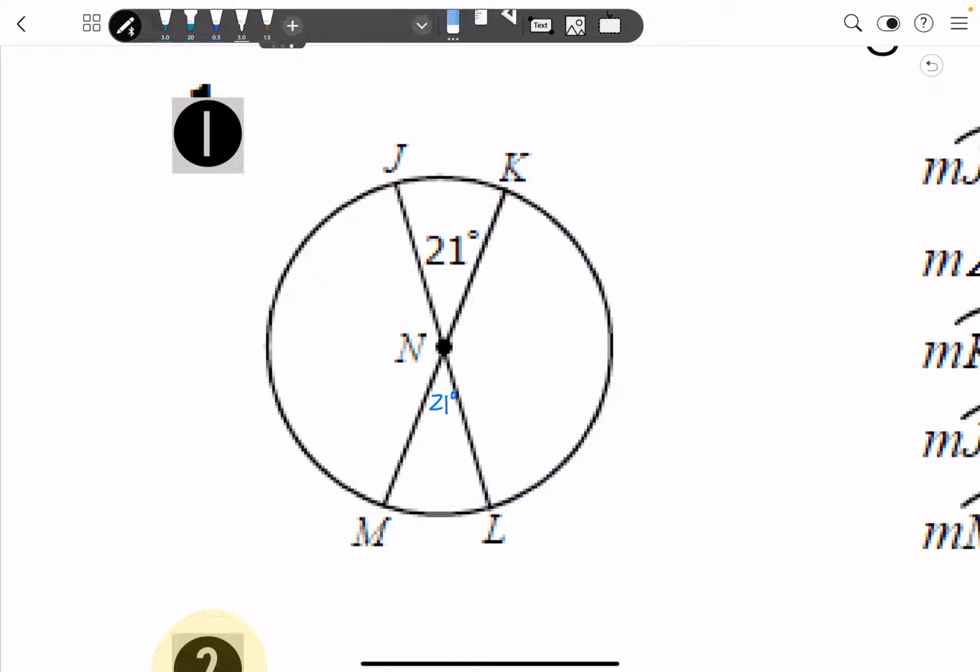It's half of it. So this one is going to be whatever 180 minus 21 is, and that gets you 159 degrees. The same thing is happening for angle JNM, and it's also a vertical angle, which means it's congruent. So this is also 159 degrees. If you want to make your congruency markings, you can.